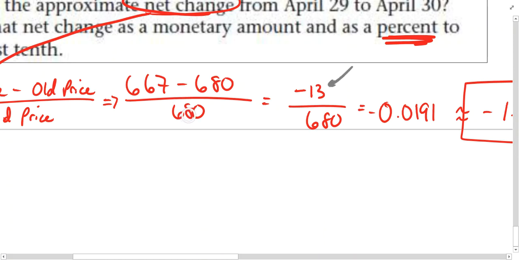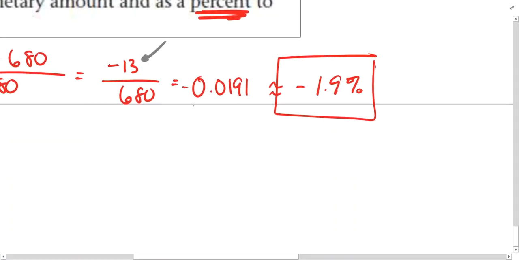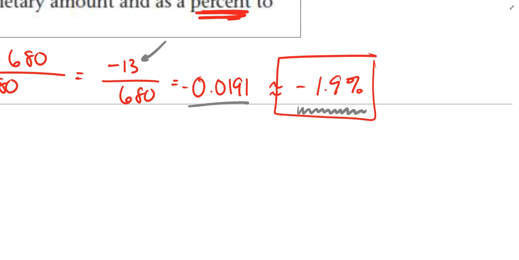And if we divide it by 680, how much it was prior, the old price, then we end up with a decimal of negative 0.0191. And the question asked us to display that as a percentage rounded to the tenths place. And so I'll say that there was a 1.9% loss in value between those 2 days.